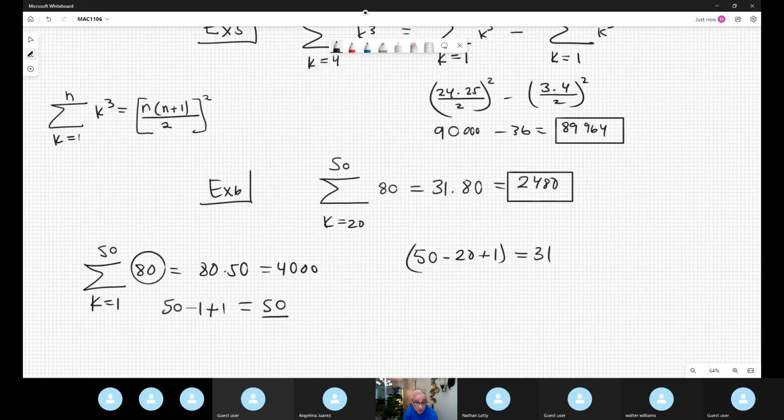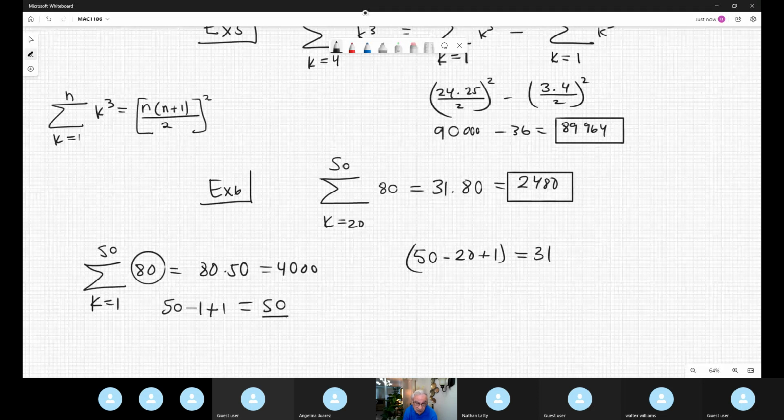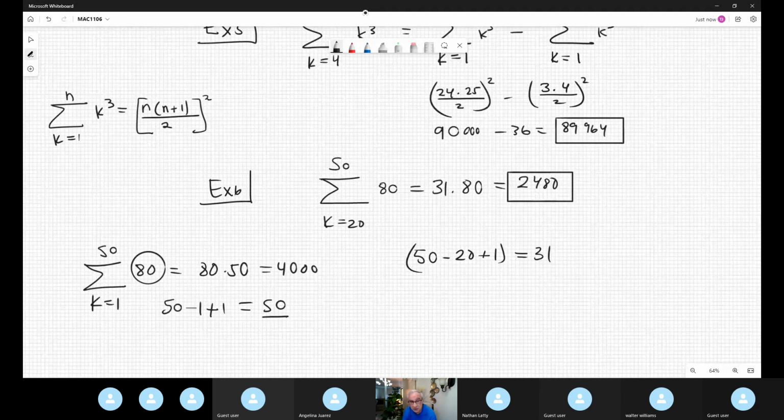I did it, but I wasn't aware that in general, between 1 and 50, we have 50 numbers, including 1, which is the first one, and including 50, which is the last one. So between 20 and 50, we have 31 numbers: 20 is the first, 21 is the second, 22 is the third, and so on to 50, which is the 31st.